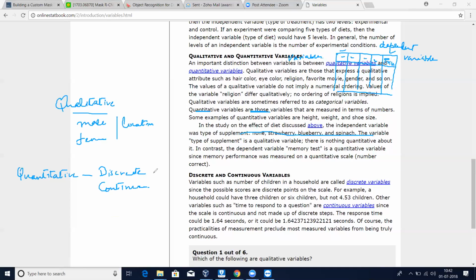Discrete means the number is fixed, like number of children, 1, 2, 3, 5, 7. Some limited numbers will be there. Then you have continuous. Continuous things can be rainfall, 1.2, 7.5, 3.7. So that is discrete and this is continuous.